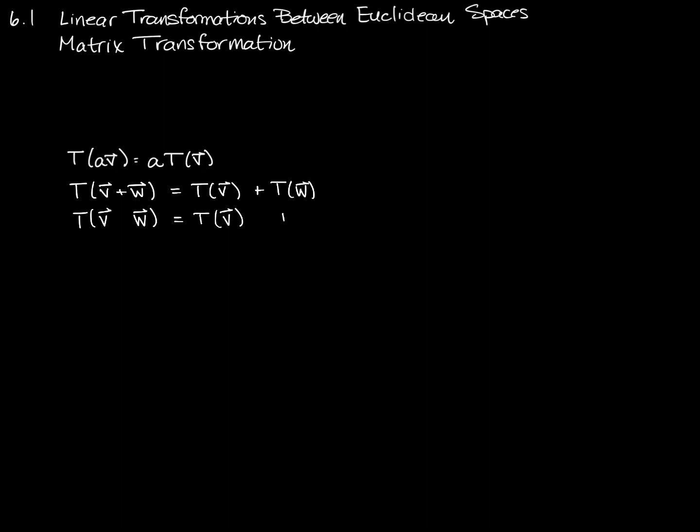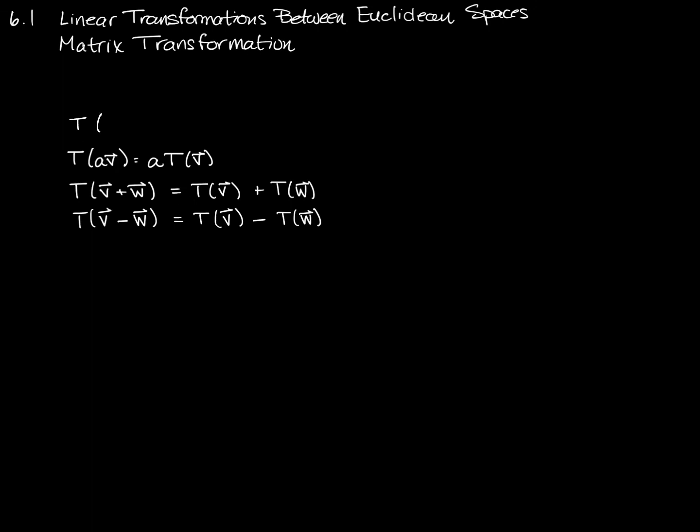It looks just like the additivity property for linear transformations, but instead of adding, you subtract. Now, if a vector is negated, pointed in the opposite direction, then added to some other vector, instead of having V plus W, you have V plus the opposite of W, and that's really all that's going on here.